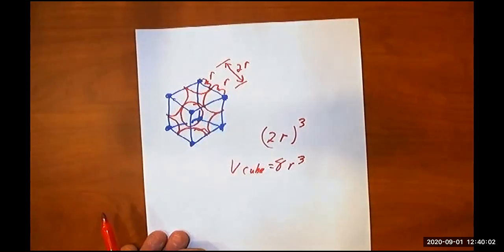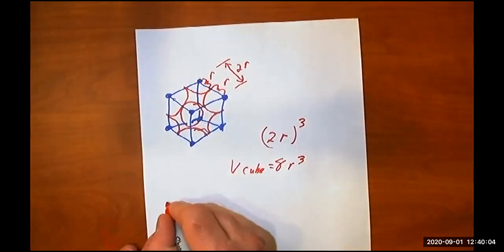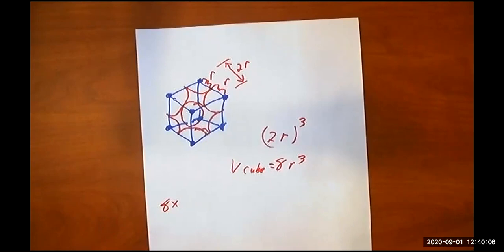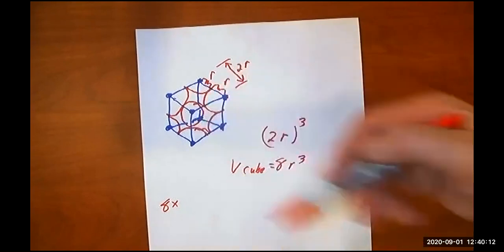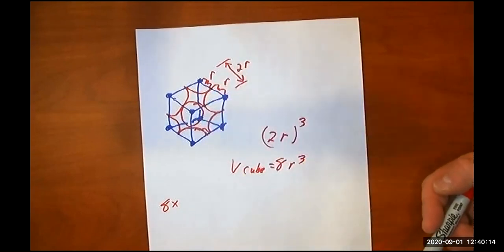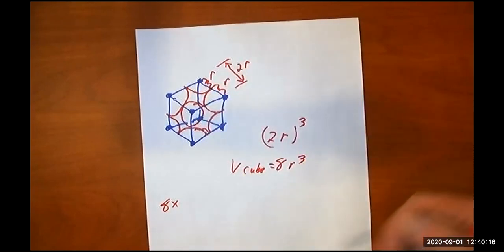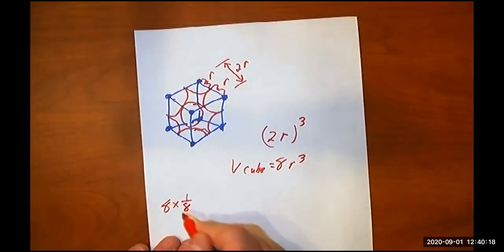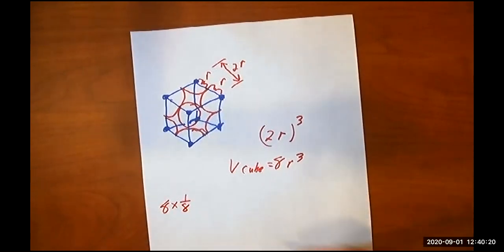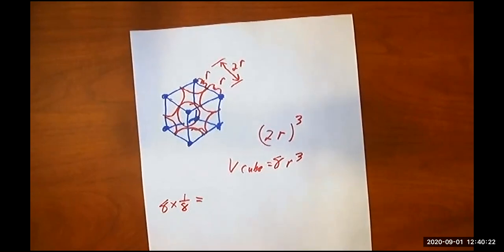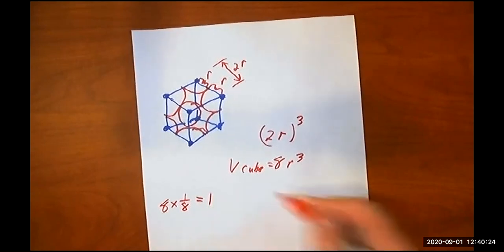Because there's one at each of the 8 corners. So it's going to be 8 times something. What fraction of the sphere is represented by each of these corners? 1/8. Okay. So that means that we have 8/8 of a sphere, or 1 whole sphere.